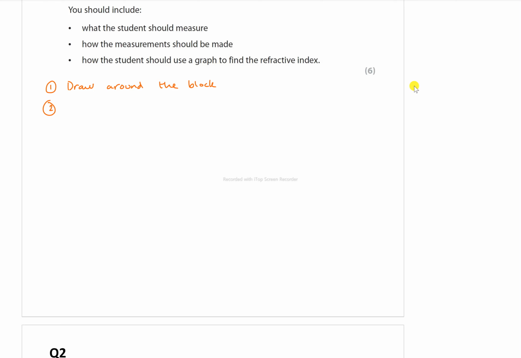You shine the ray of light on the block and mark it. You also mark the refracted ray.